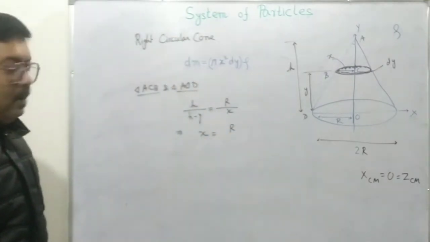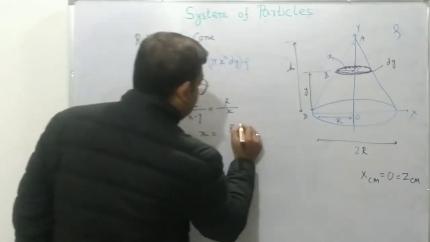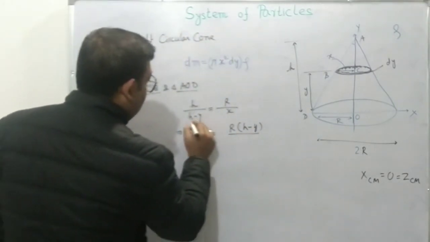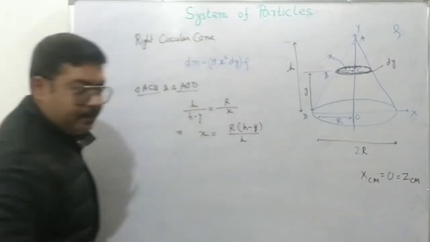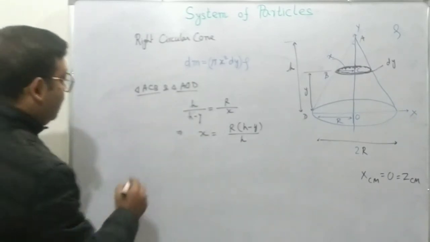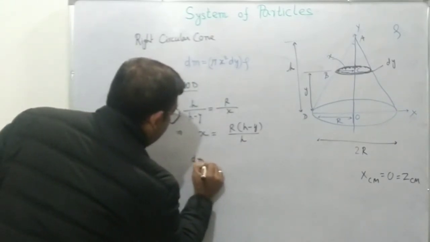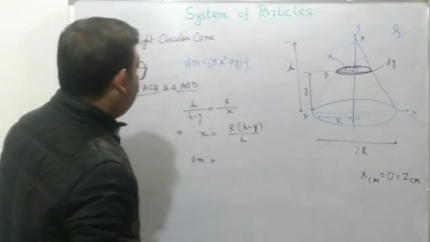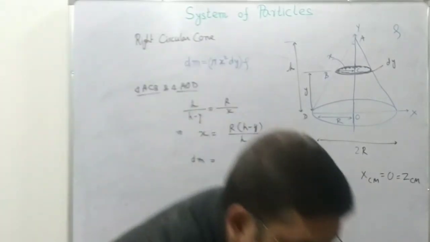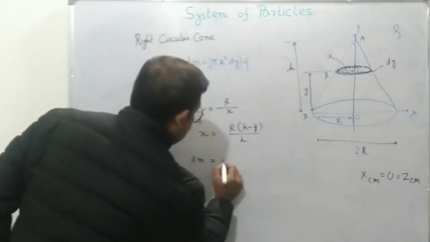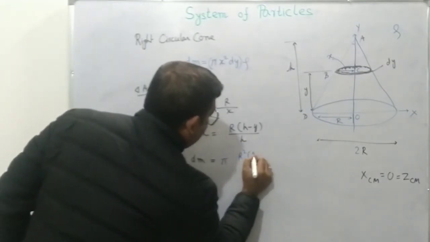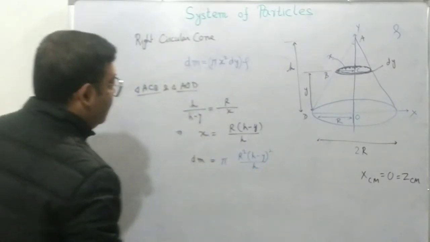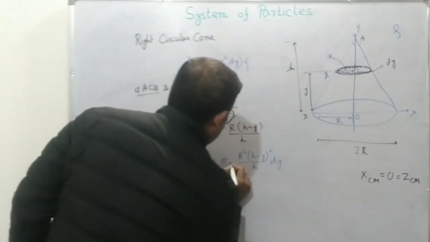Which will give us x equals R into (H minus y) divided by H. Therefore, dm will be, substituting the value of x from this equation, pi R squared (H minus y) whole squared by H squared, dy, and then rho will be there.